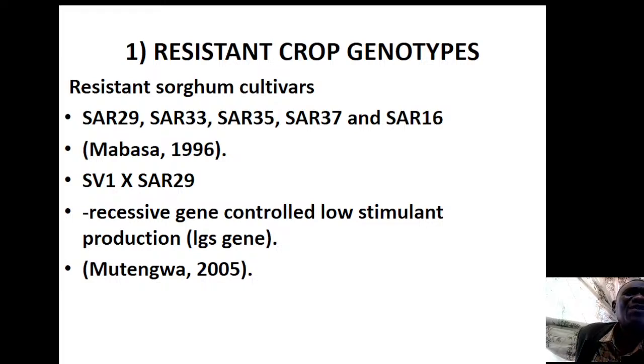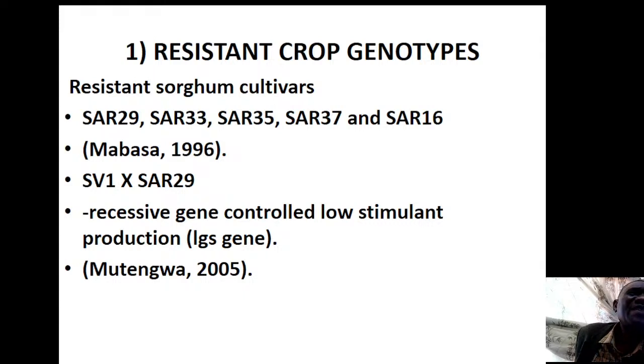And Mtengwa in 2005 crossed SAR29 to SV1 and indicated that the recessive gene controlled the low stimulant production, which he termed the LGS gene. So these SAR sorghums were actually producing less Striga lactose.